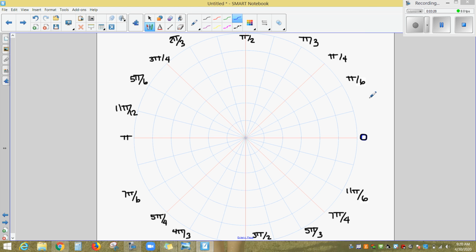So if I want to plot the ordered pair (2, pi over 3), I would come 2 steps away from the origin in the pi over 3 direction, which is right here. So there's 1, 2 steps away from the pole in the direction of pi over 3.